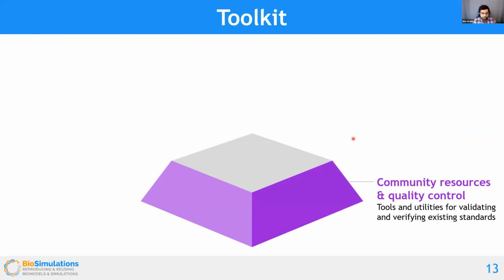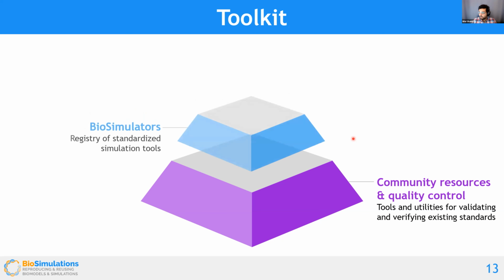But we are trying to bring all of those together and provide a layer of quality control over that. Just because these standards exist doesn't unfortunately mean that they are very well adhered to in the real world. We'll probably see later in the demo that there are quite a few examples where different repositories have models that do not exactly adhere to these standards. So we're both using those standards and creating this level of quality control on top of them.